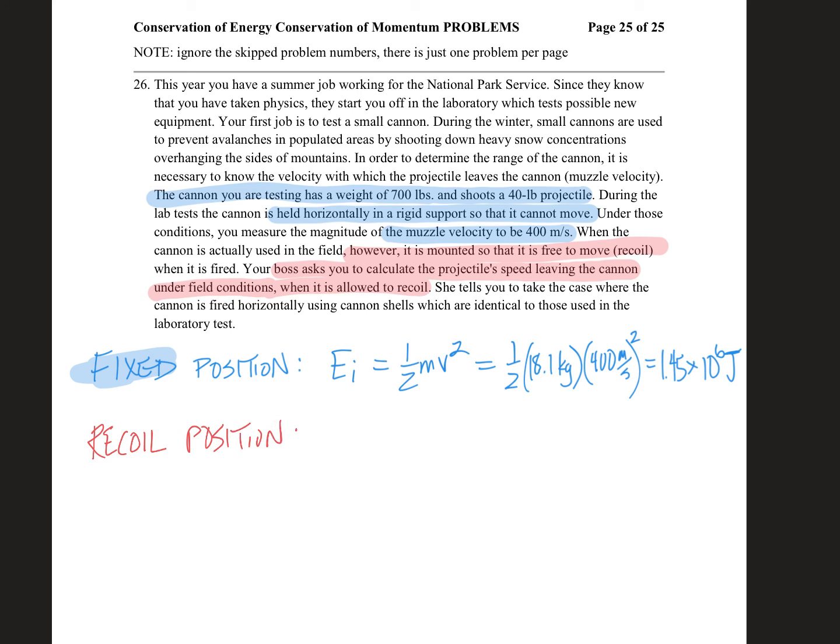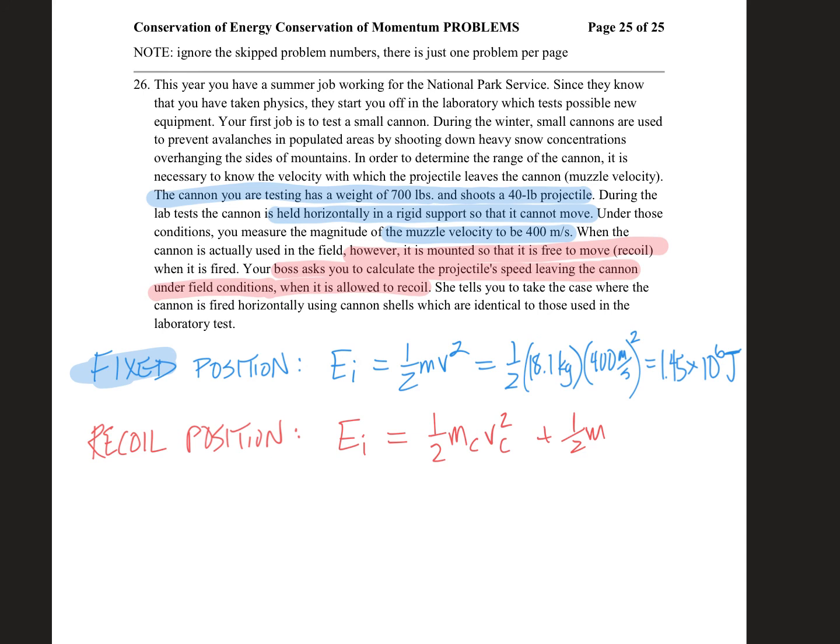All right? So in the recoil configuration, whatever you want to call it, that initial energy has to get split. In the initial explosion is where all the energy is, and that's going to go into 1/2 the mass of the cannonball times the speed of the cannonball squared, plus 1/2 the mass of the cannon times its speed squared.